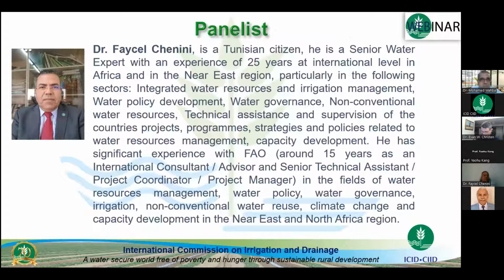He is a senior water expert with 25 years of experience at the international level in Africa and the Near East region, particularly in the following sectors: integrated water resources and irrigation management, water policy development, water governance, non-conventional water resources, technical assistance and supervision of country projects, programs, strategies and policies related to water resources management, and capacity development.